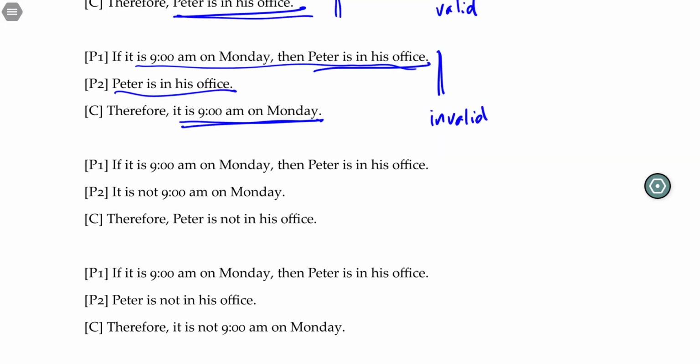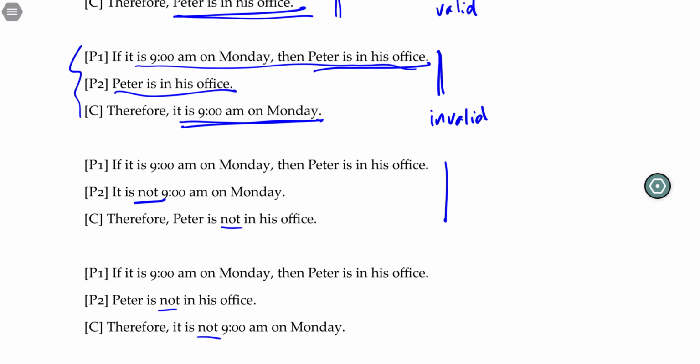Okay, now these final two are similar, except there's a not in both premise 2s and in the conclusion. Okay, so for this one, the reasoning is actually pretty similar to what we just were thinking about for the previous one. So we have our rule. Premise 2 says it's not 9 a.m. on Monday.